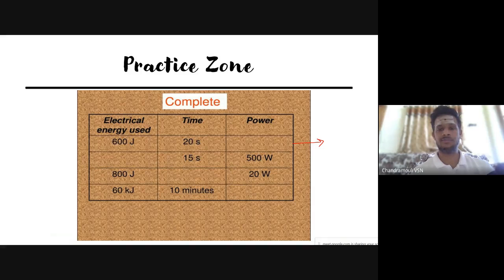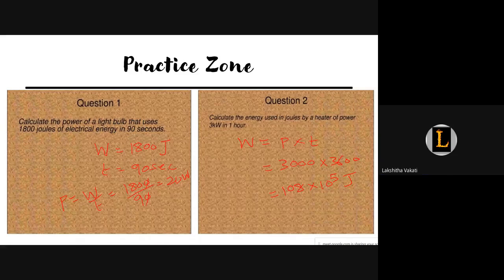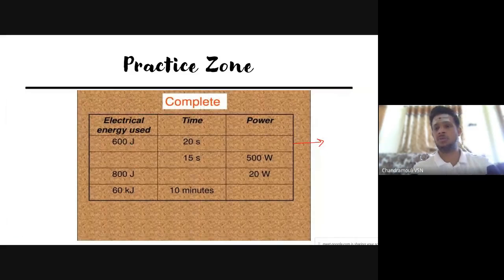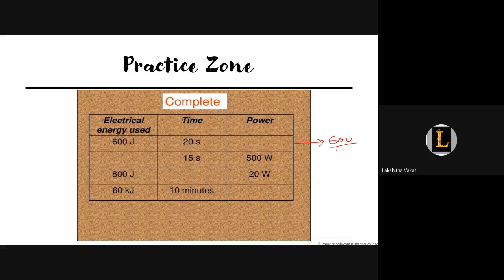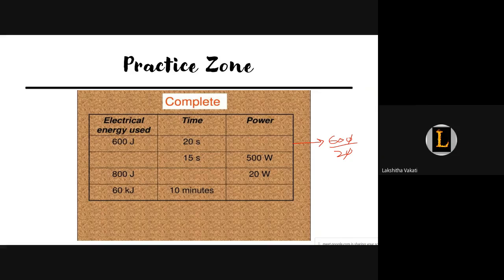Power. W into T is energy. What is it previously? Power. Sir, W by T. No confusion. Work by time. What is the work they gave? 600 joules by time 20. So what is the final answer? 30 watts.